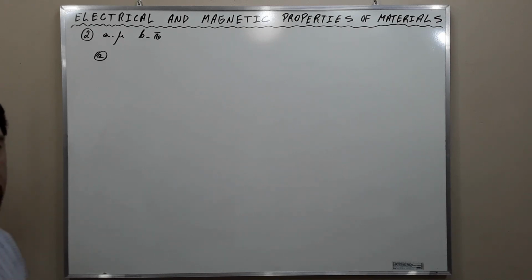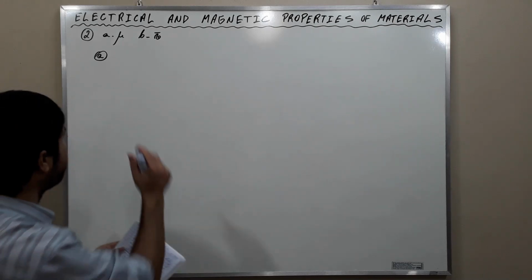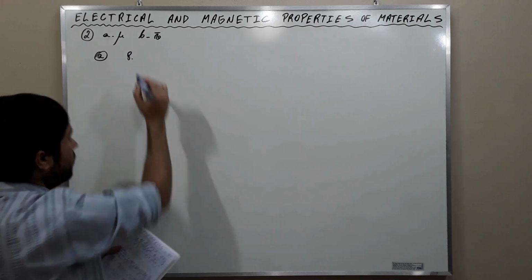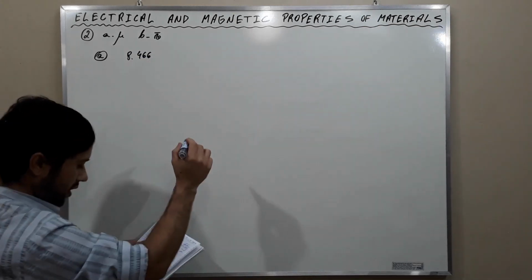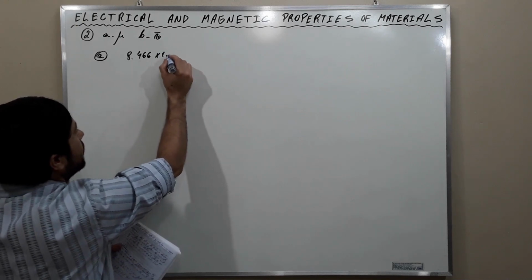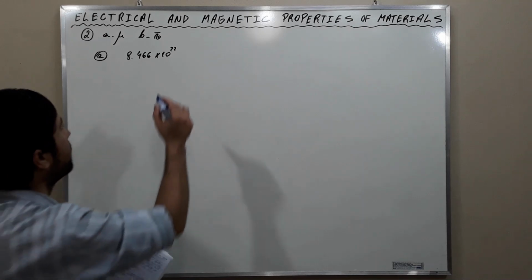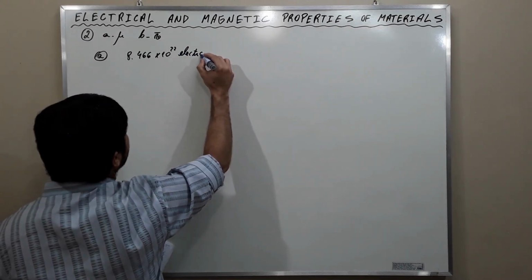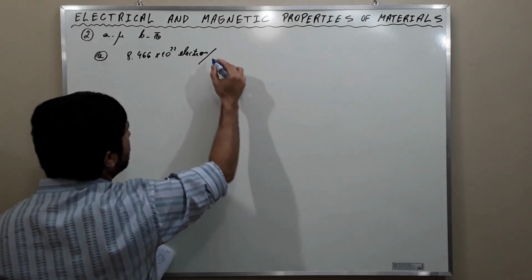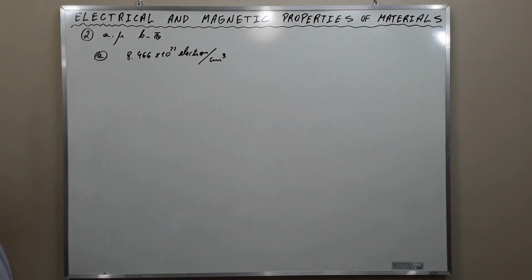Okay? From a table, we find that copper has 8.466 times 10 to 22 electrons per cubic centimeter.